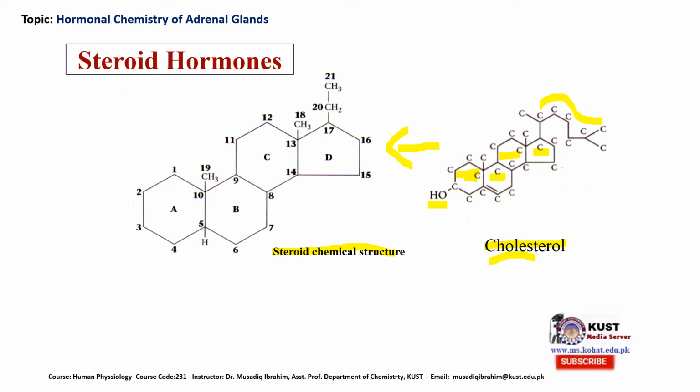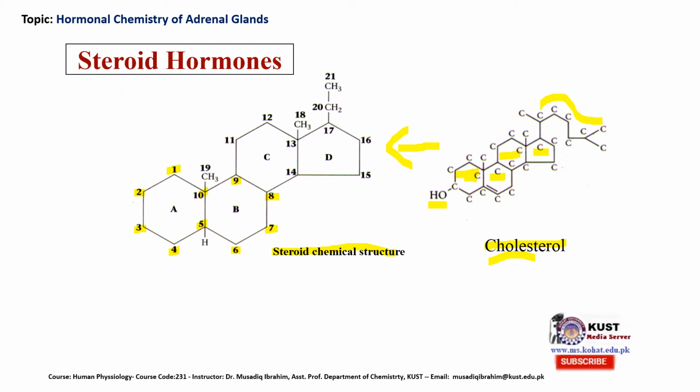Now the numbering in the case of cholesterol or the steroid ring starts from here, which is labeled as carbon number 1, then this is carbon number 2, this is carbon number 3, 4, 5, then 6, 7, 8, 9, and then 10.